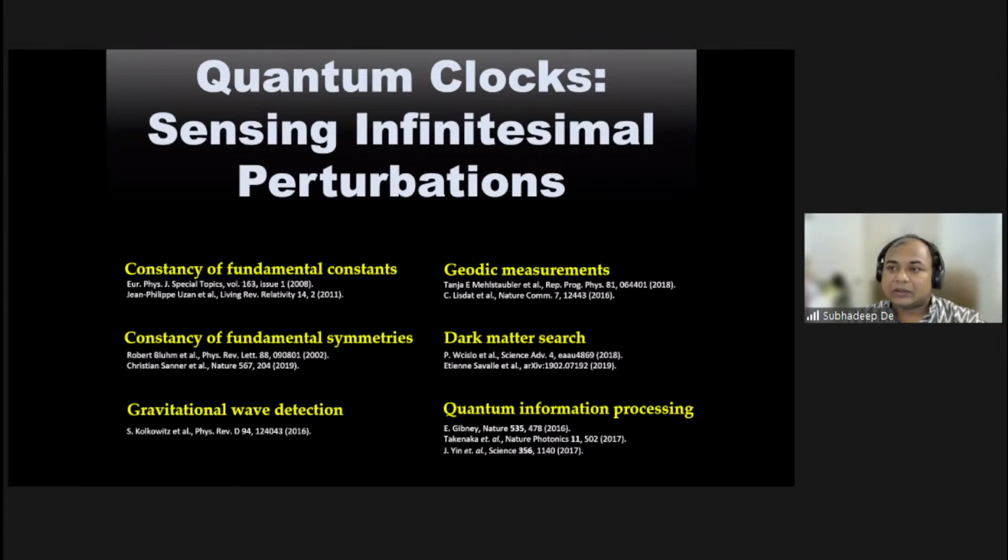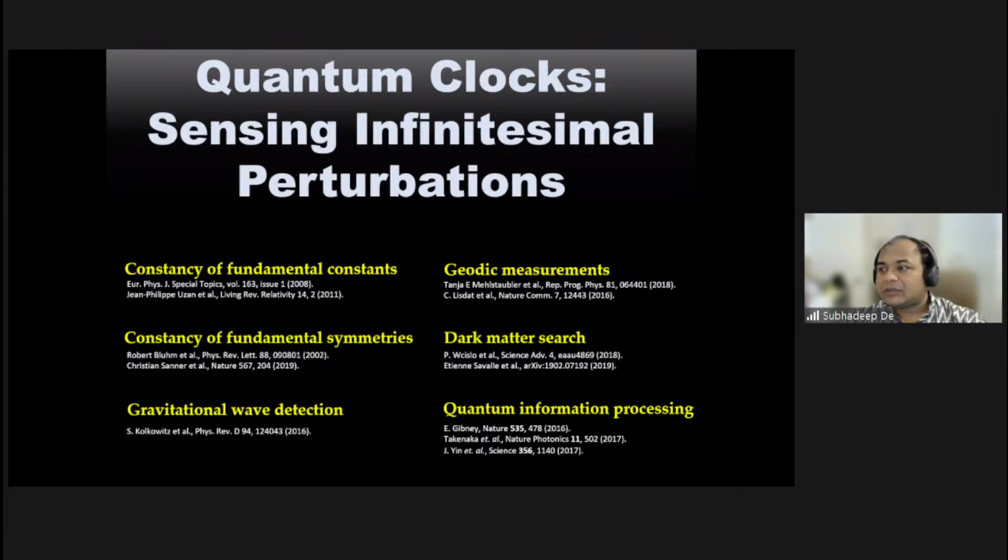We need to really measure whether these perturbations are actually coming from those fundamental science aspects or not. There are many ways to measure it, and the atomic clock is one of the most accurate tools that can measure it. It's a very promising tool for this purpose.